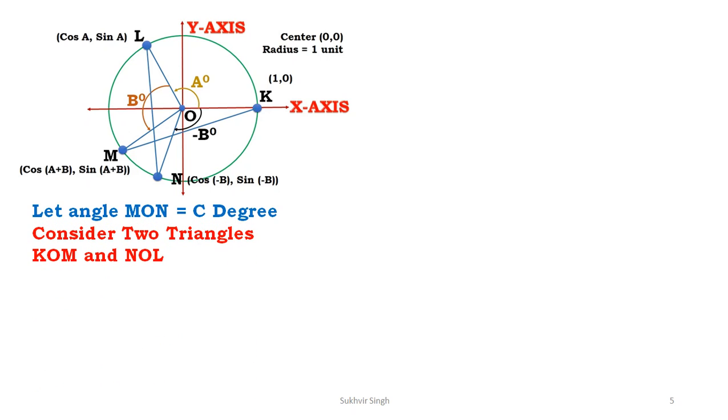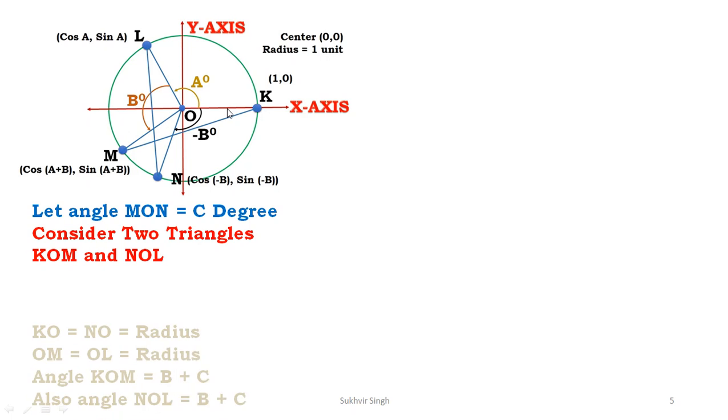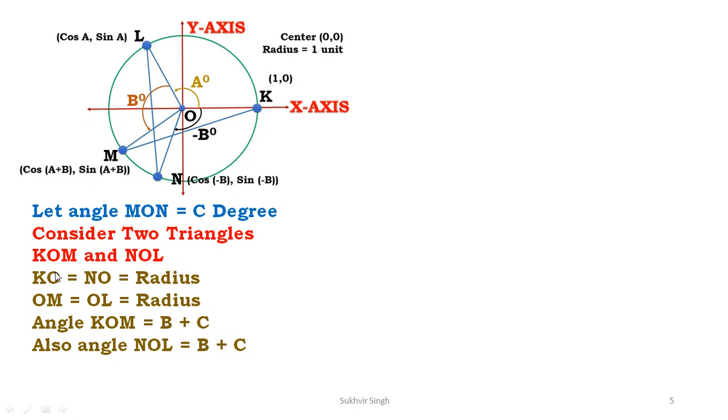Now consider two triangles KOM and NOL. Basically these triangles are similar triangles. Let us check this. KO and NO clearly both are radius. OM and OL also, these are radius.